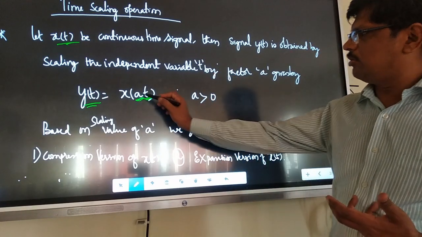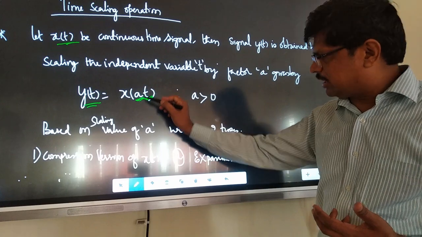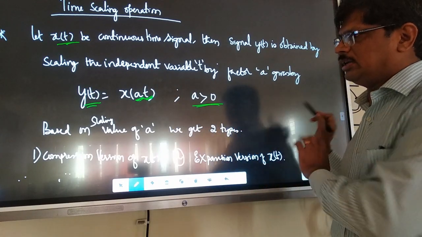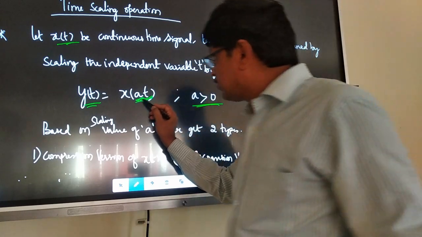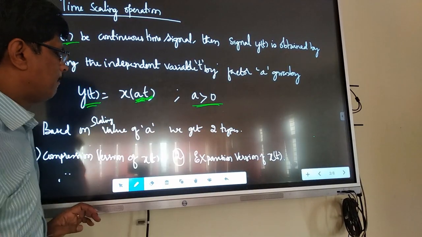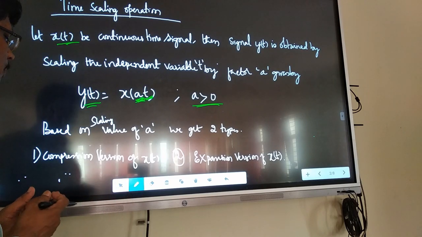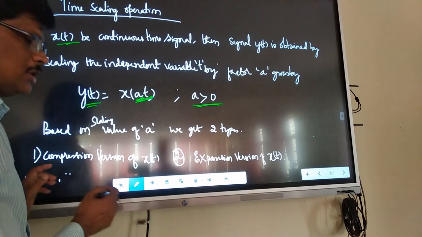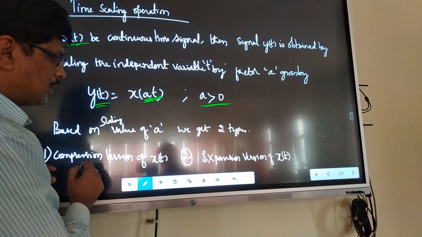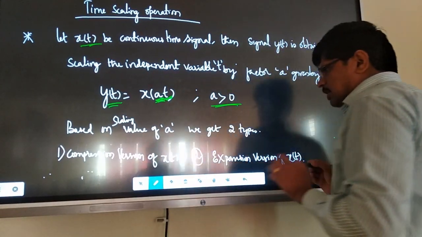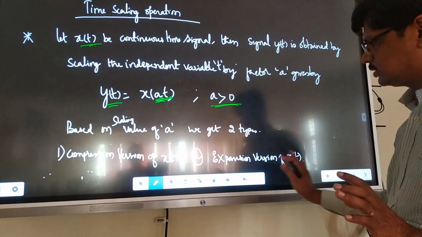Now the scaling factor is a, the independent variable is t. Take a greater than 0 as the condition. Based on the value of the scaling factor, we get two types: one is a compressed version of the signal x of t, and the second is an expanded version of x of t.